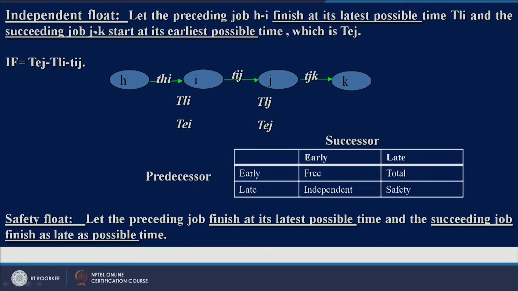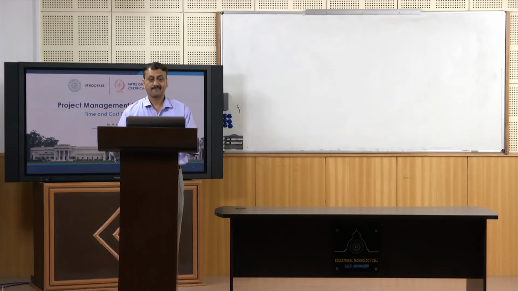Let us look at independent float. Independent float: let the preceding activity finish as late as possible and the succeeding activity start as early as possible, minus the duration of the activity. Just see this, independent float is here.